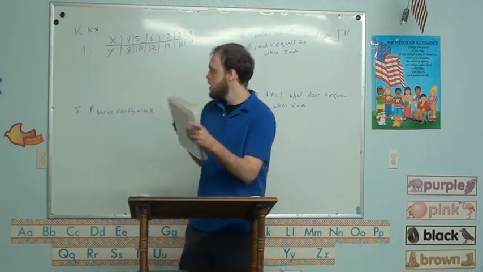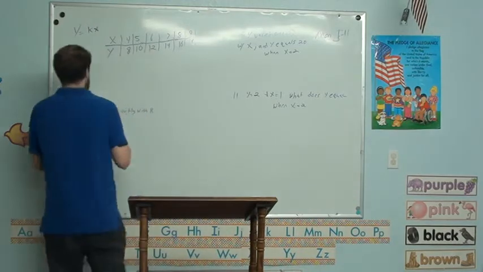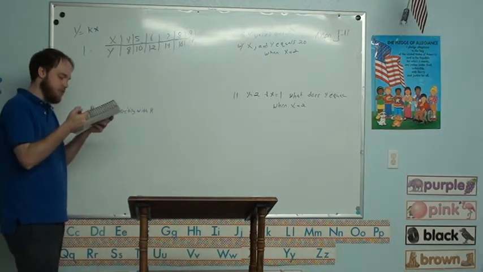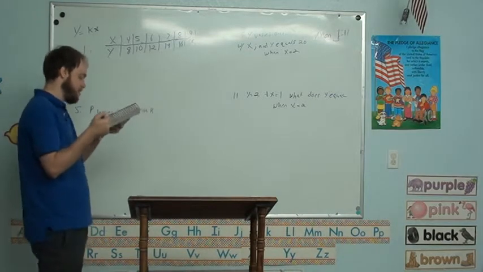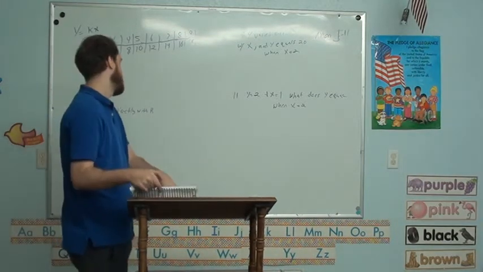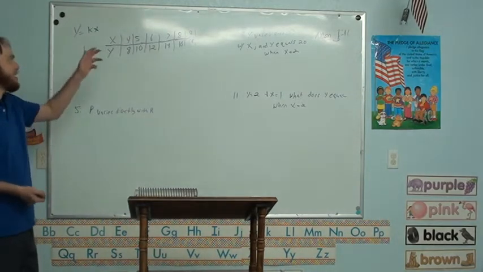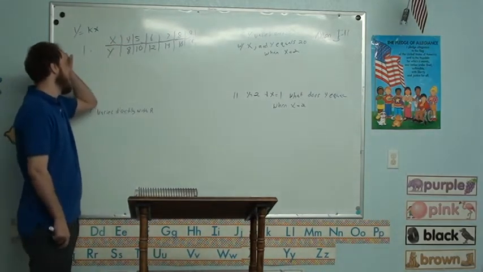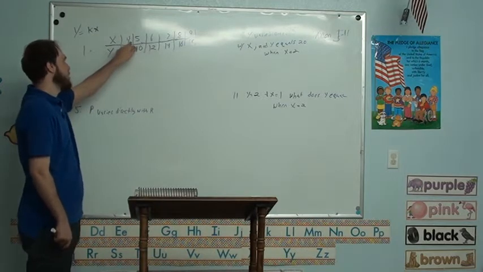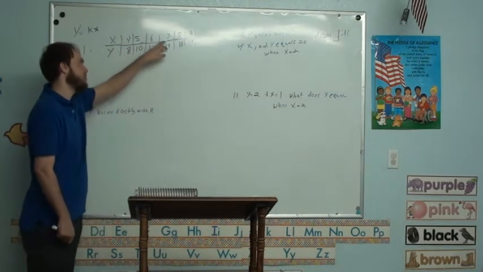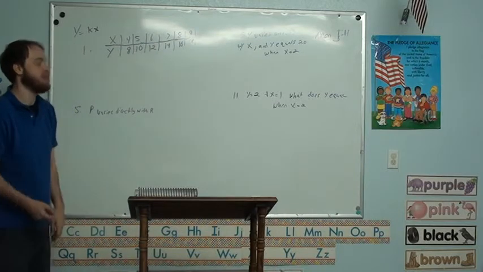Number 1 says determine the constant of variation for each table of values and write the formula. Treat the second variable as dependent, which means it's dependent upon the first one. The table gives x is 4, y is 8; x is 5, y is 10; 6, 12; 7, 14; 8, 16; and 9, 18.